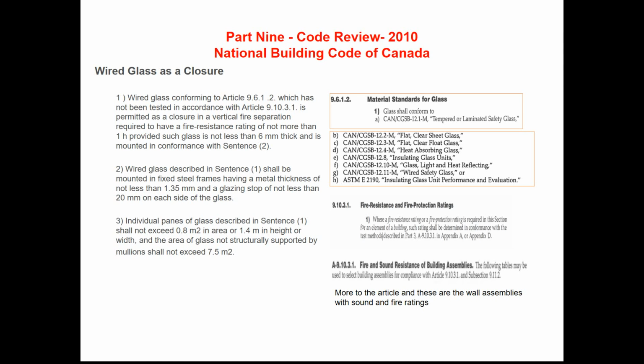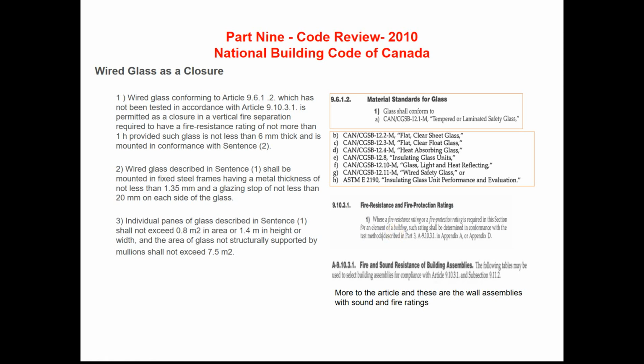Okay, wired glass has not been tested in accordance with, okay, wired glass in conformance with 9.2.1.2. Right there is the standard, has not been tested in accordance to 9.10.3.1.